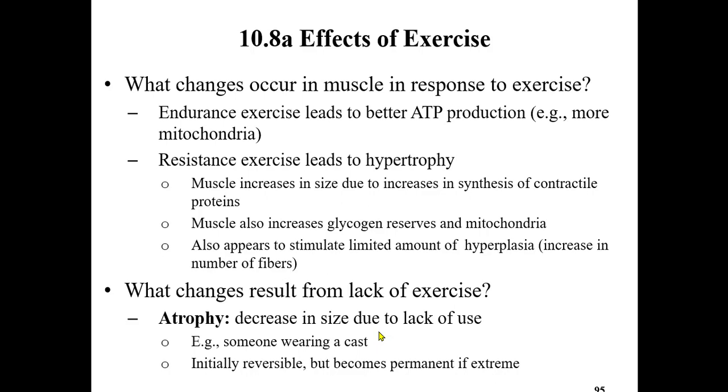If you're in a cast a long time, or if you're in space for a long time, like the Kelly brothers that came back from space, one of them is now a senator. Well, if you come back from space after a year or two, yes, your muscles are going to waste away. And you're going to have loss of muscle fibers as well as the size of the fiber. So atrophy. Okay, so this slide is a value.